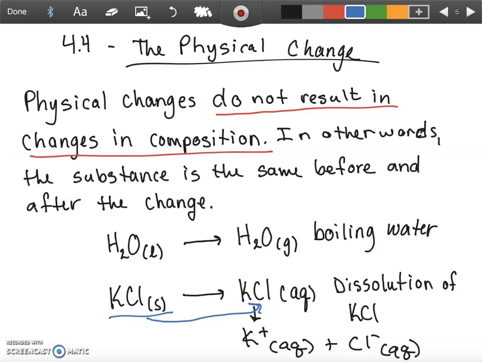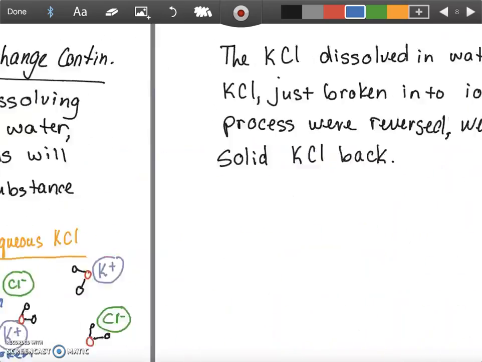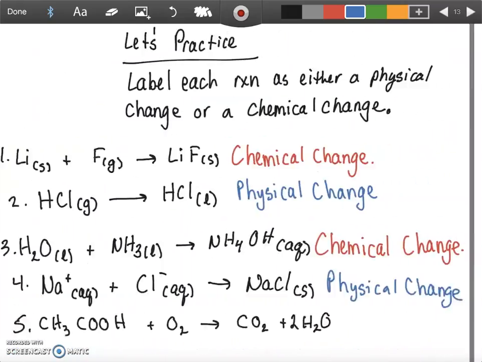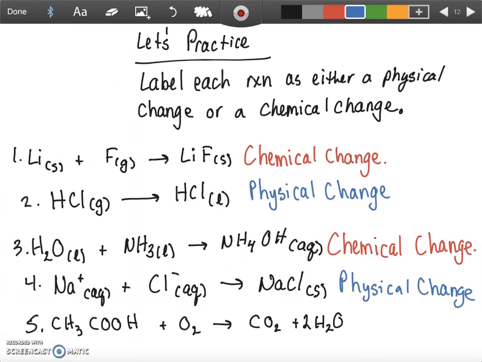Remember, another way that you can write aqueous potassium chloride or any aqueous salt is to break them up into their separate charged ions with the state aqueous in parentheses subscripted. Okay, so this is an example of a dissolution, which is a physical change. If you got that, that is really, really, really awesome.